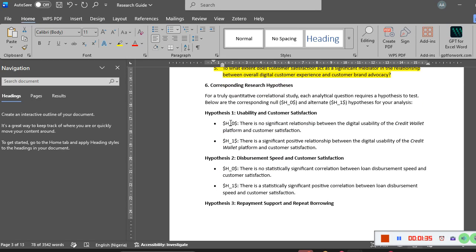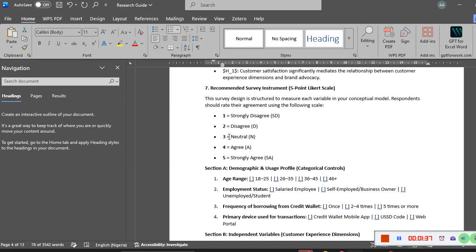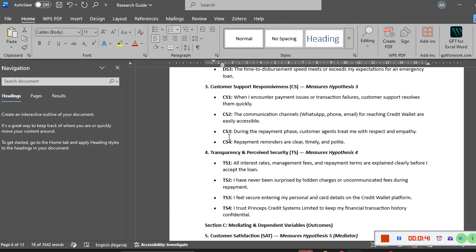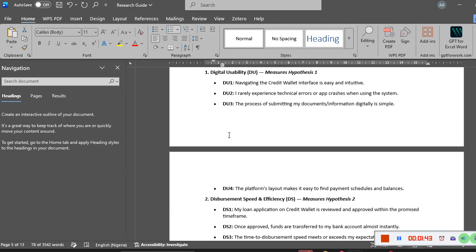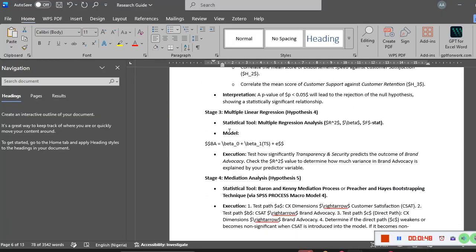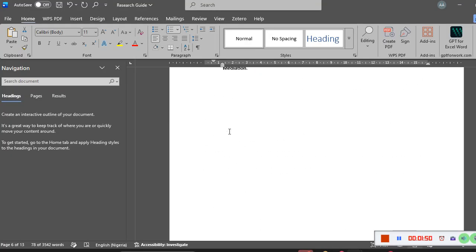And this is our hypothesis, right? And this is the questionnaire. So we already have our guide as to the direction of the project.